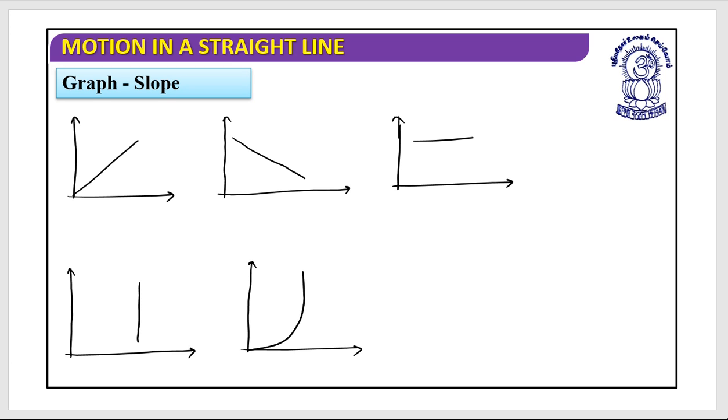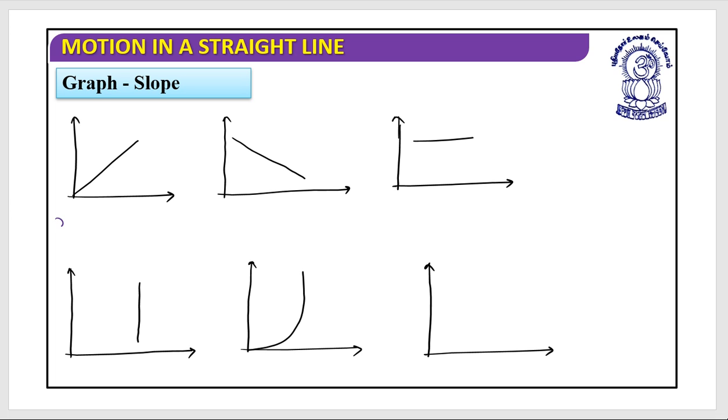This was the fifth. And yes, this was the sixth. This is y-axis, this is x-axis. These are all graphs that we have already discussed. Now you tell me, which graph represents which thing? What do they represent?